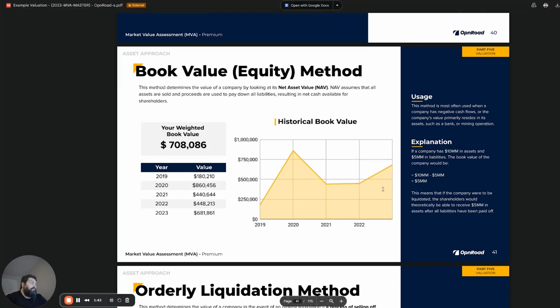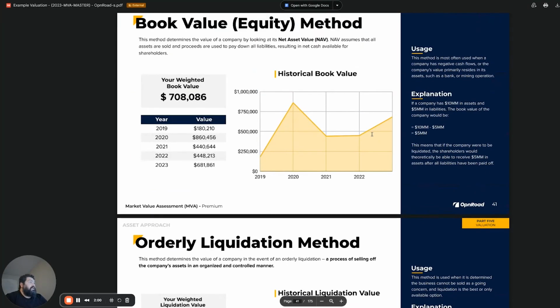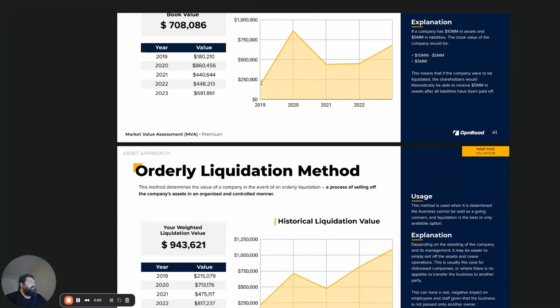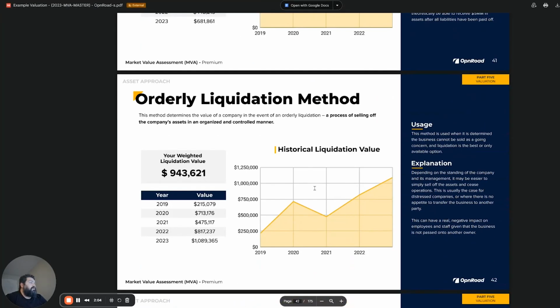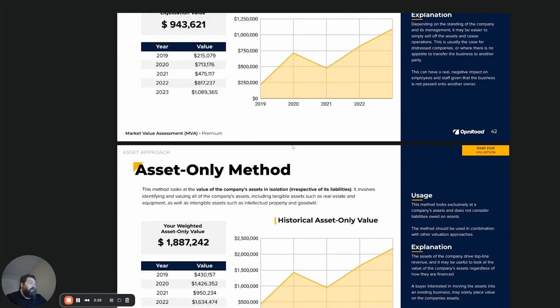So the equity in your business is X, your business is worth X. Orderly liquidation: if we sold and liquidated everything at fair market value minus what it's going to cost to dispose of it, what's the value of the business? The nice thing here is it's a value check on whether I've been making money.